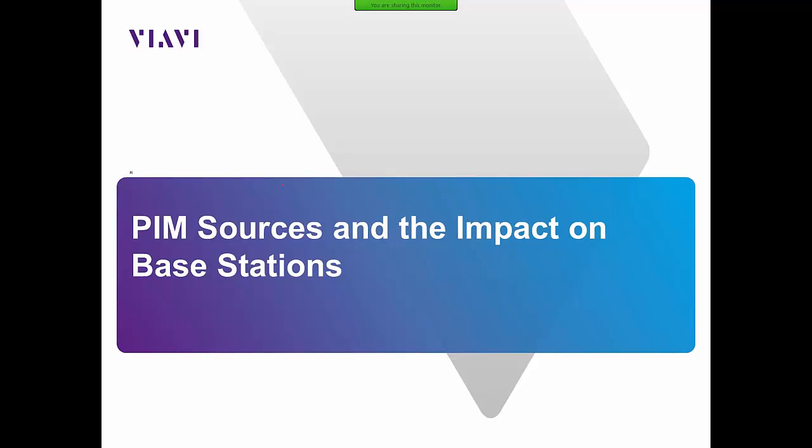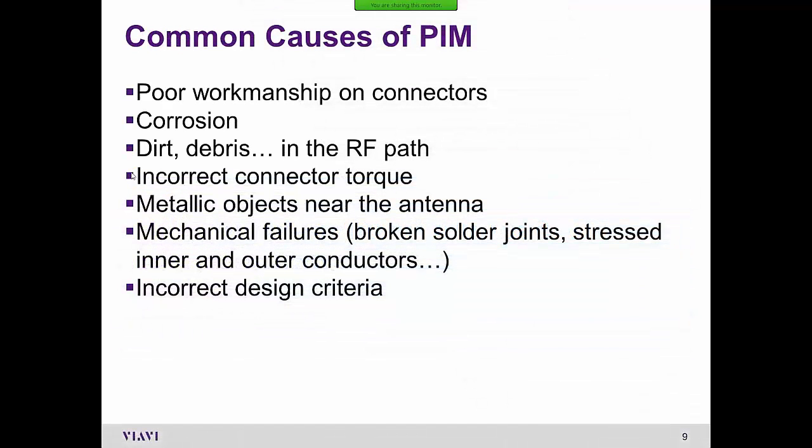All right, well, let's talk about the impact on base stations. So common causes of PIM in a base station are probably most often just poor workmanship on connectors, but other things can create PIM. For example, connectors are out there for years and they eventually get corroded.